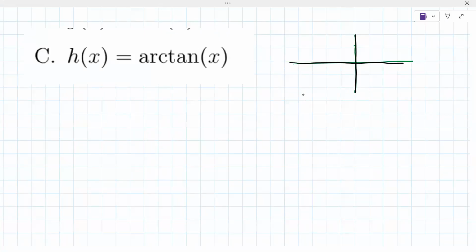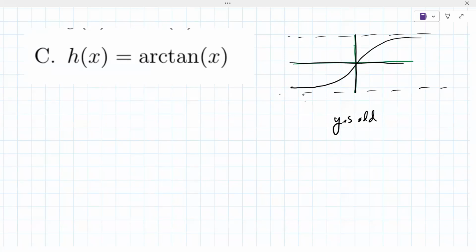The arctangent has this graph here, and you can visually see that yes, it is odd. But that's not the right way to do it. Whenever you see a tan inverse, you typically use a substitution of theta equal arctangent of x.